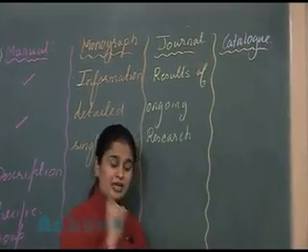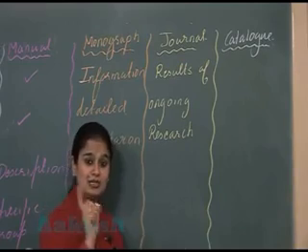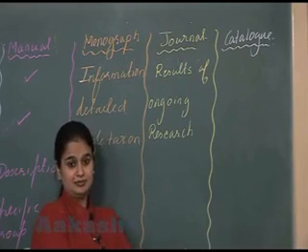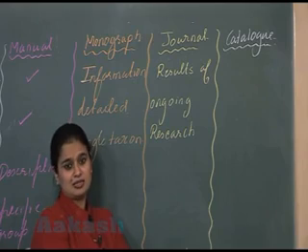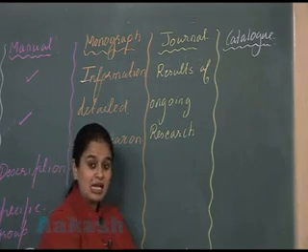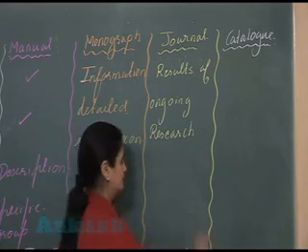Now after the journal, the last category is catalog. Catalog also gives a listing of organisms, a listing of species. And generally this listing is done in an alphabetical manner.